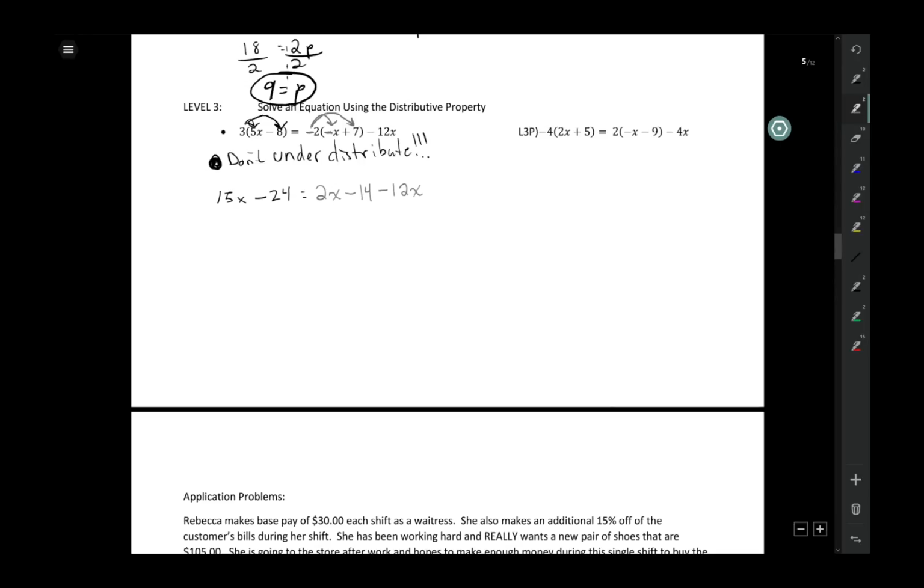12x. Now, we got lots of variables here. We have this x, we have this x, we have this x. So let's just kind of make them a little nicer. So we have 2x minus 12x. It's negative 10x minus 14.